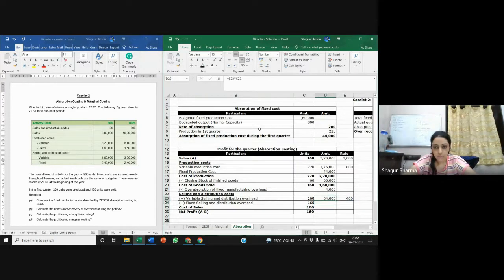Okay, so my variable cost is 64,000, and for fixed selling and distribution overhead, just like marginal, because the cost is 2,40,000, but we are doing this only for 1 quarter, I divide that 2,40,000 by 4 and I get 60,000. So these become my total selling and distribution costs, right?